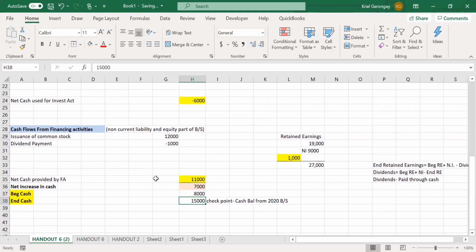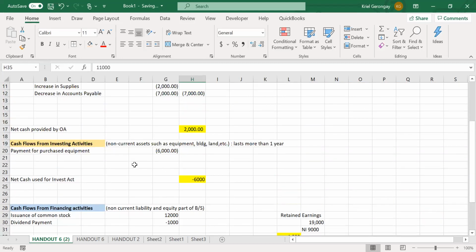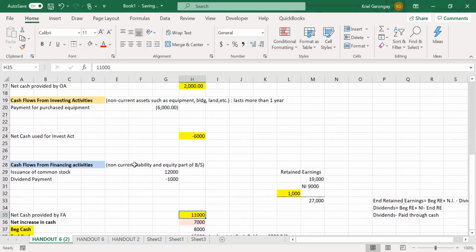Just keep in mind that although you got this number correctly, it doesn't mean that the numbers you got per bucket are correct.